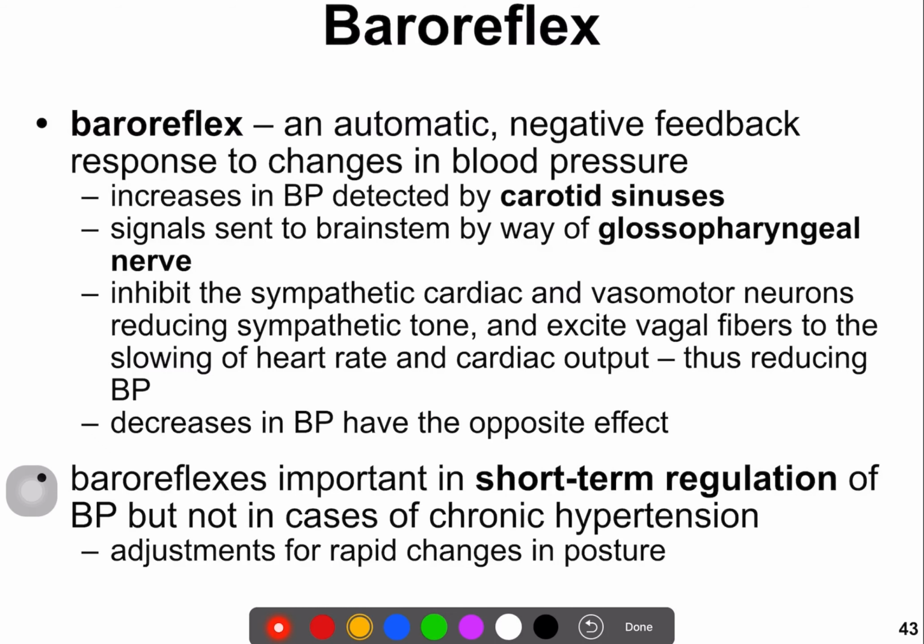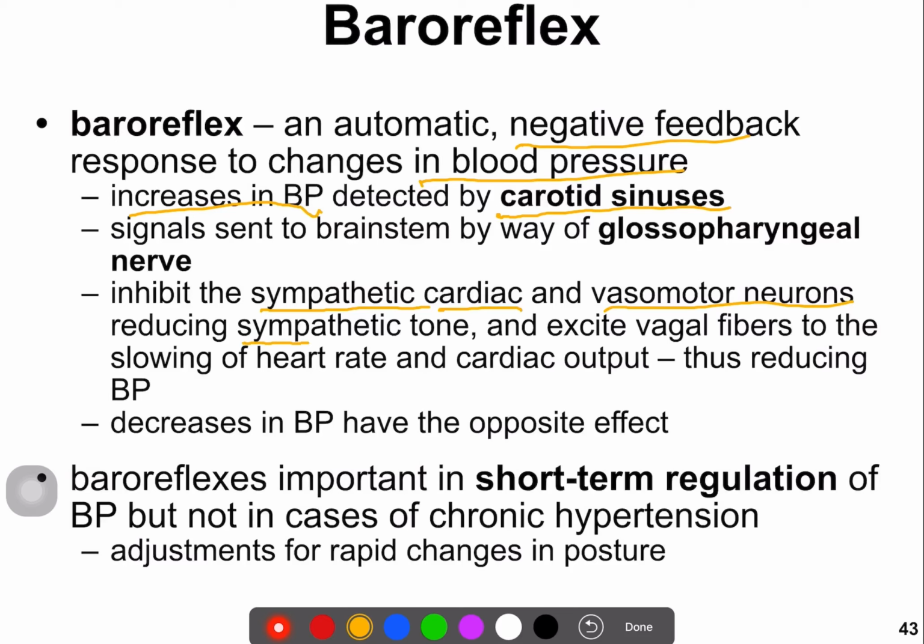Now, the baroreflex is a negative feedback response to changes in blood pressure. And basically what happens is an increase in BP is detected by the carotid sinuses. It sends a signal by, of course, one of the cranial nerves we know, the glossopharyngeal, and it inhibits sympathetic cardiac and vasomotor neurons.